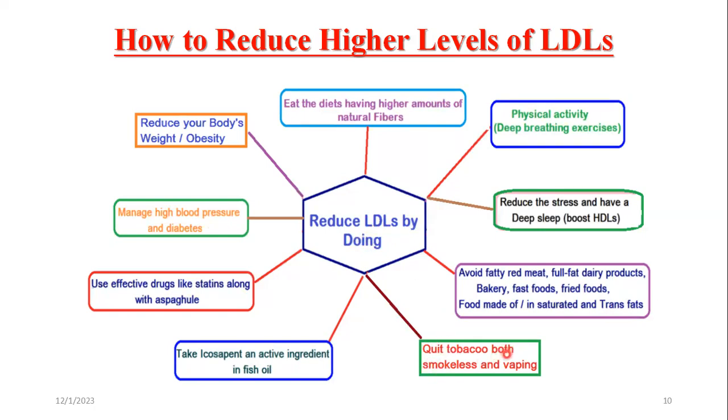Quit tobacco, both in the form of smoke and smokeless. Tobacco is dangerous for the buildup of LDLs. If you quit smoky tobacco and also smokeless tobacco, then you can reduce LDLs.